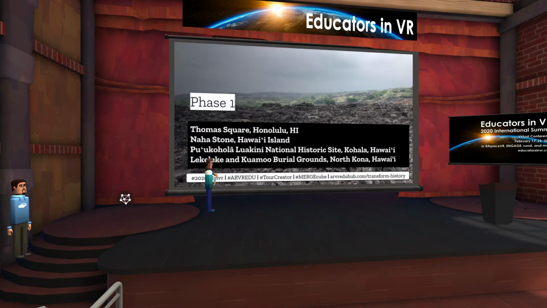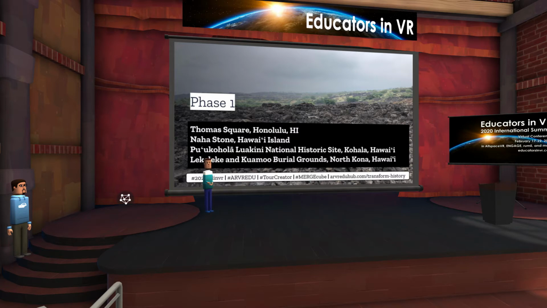And then a couple other places on the Big Island we wanted to visit, one being a place called Pu'ukohola Luakini National Historic Site. It's what we call a heiau, a very religious site. And it was significant in Hawaiian history because it was the heiau that was known for uniting all of the islands into one kingdom.